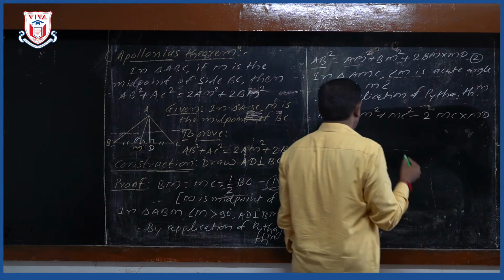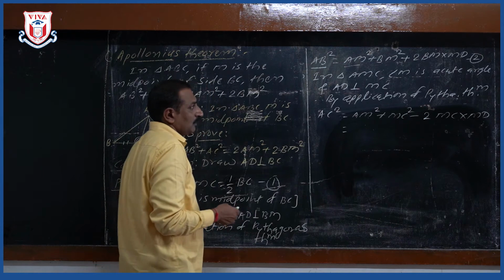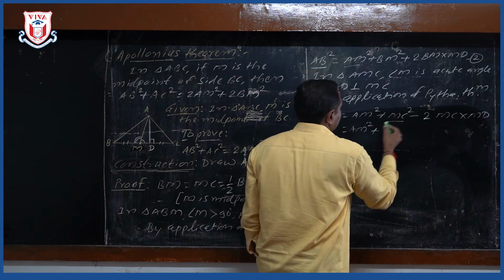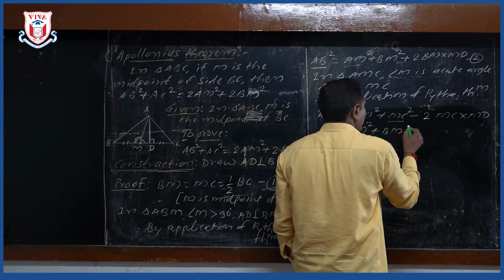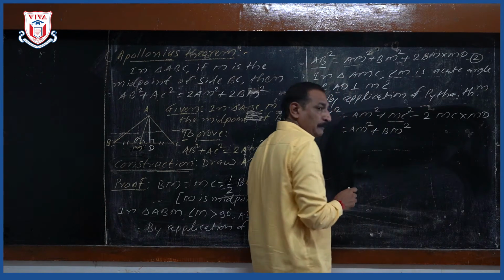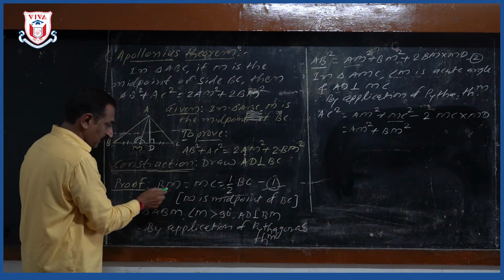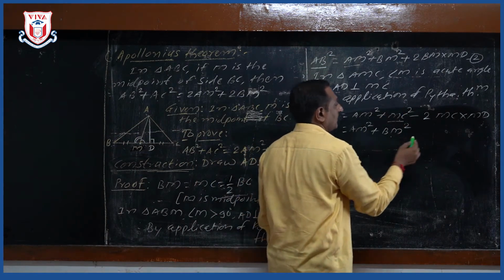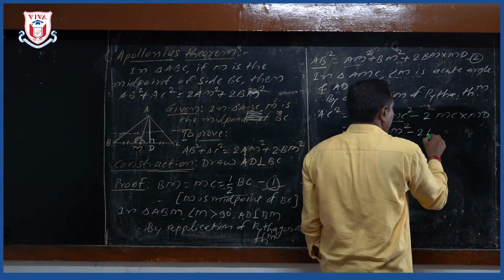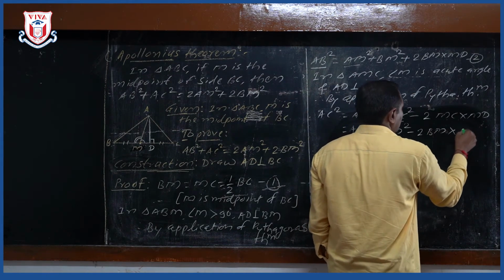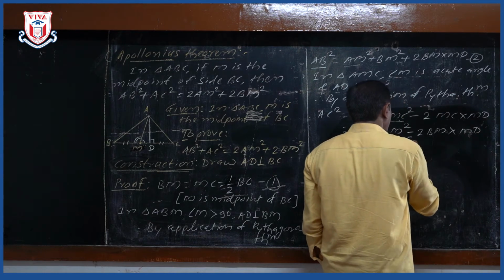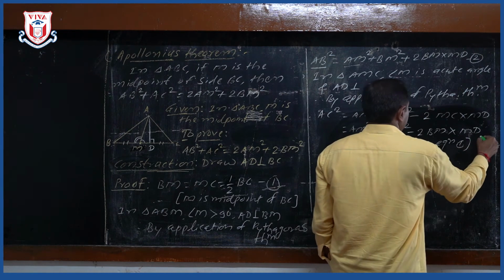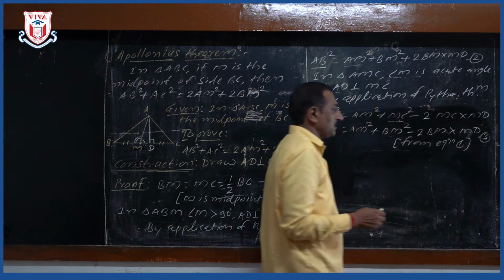That is equal to AM square as it is, plus, instead of MC square I substitute BM square. Why? From equation first, BM is equal to MC, hence I substitute BM instead of MC, minus 2 times BM into MD. Name this equation number 3.